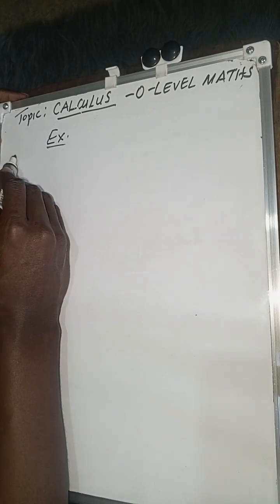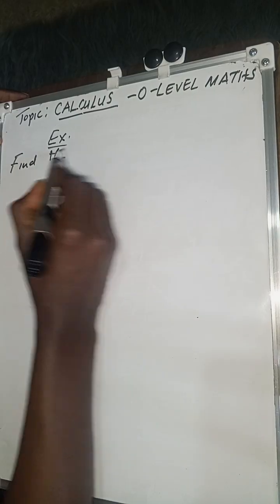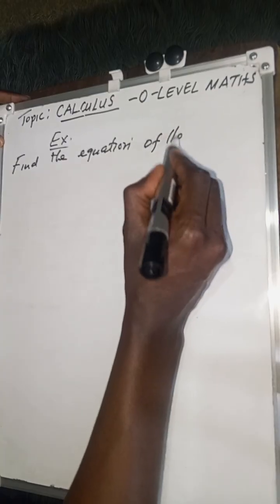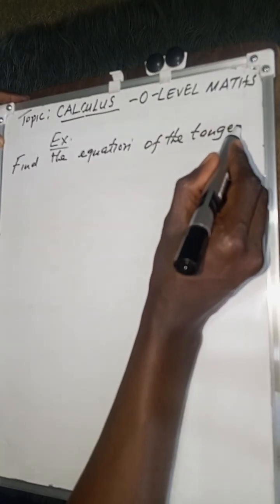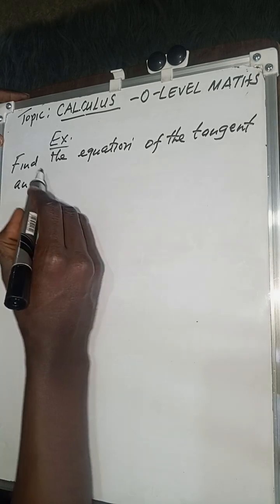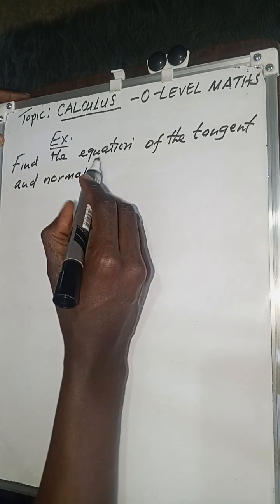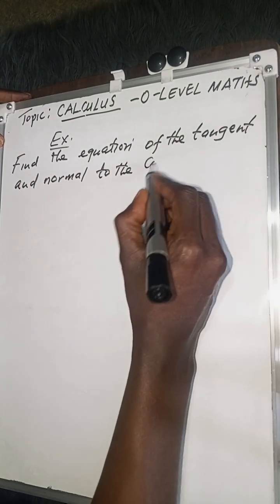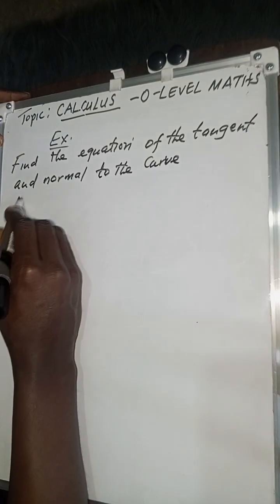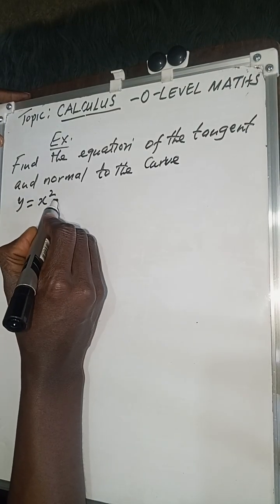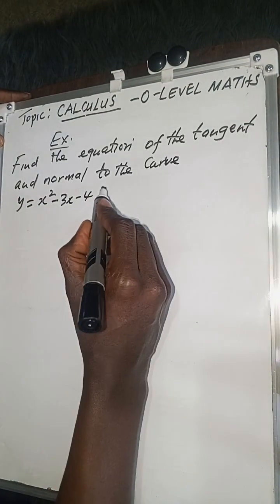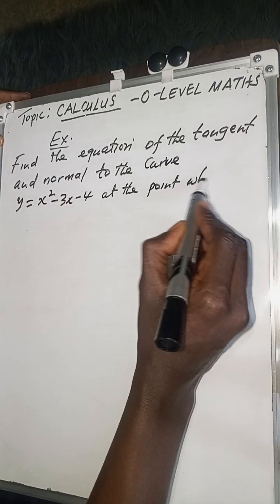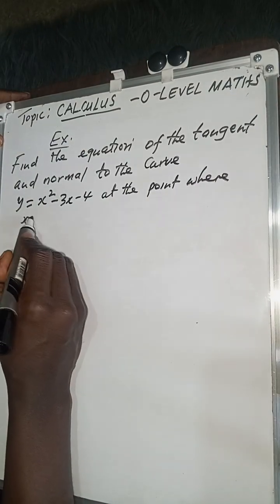Let's say that they tell you to find the equation of the tangent and normal to the curve y is equal to x squared minus 3x minus 4 at the point where x is equal to 2.